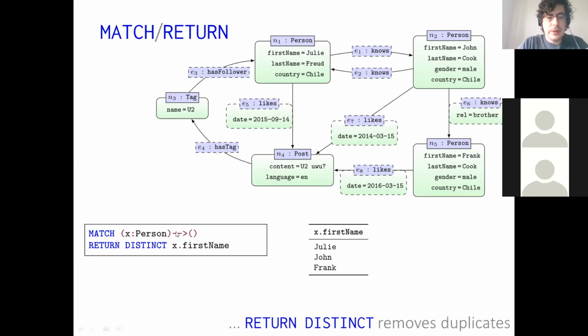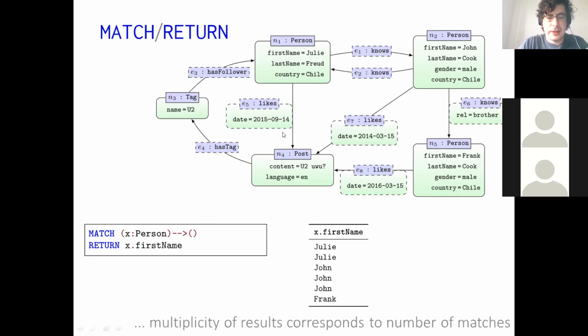So in general, what we would have to consider are essentially all of the nodes that are matched by the parts of the query. So it's essentially all of the things that somehow are matched. So if we look at this node here, let's say Julie, let's imagine that we match X to N1, okay?